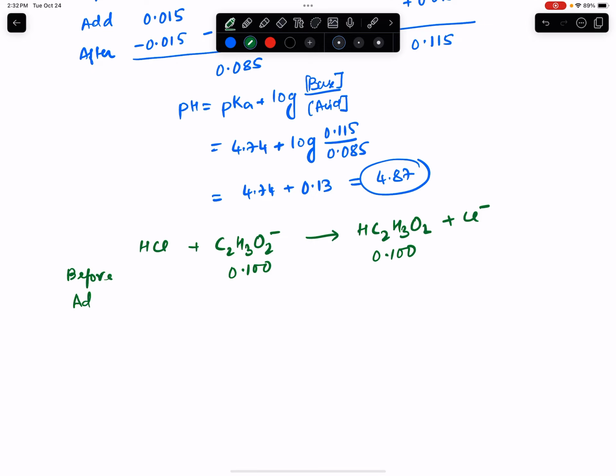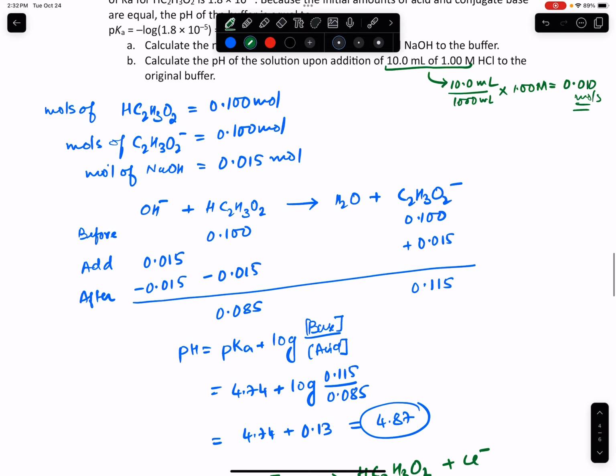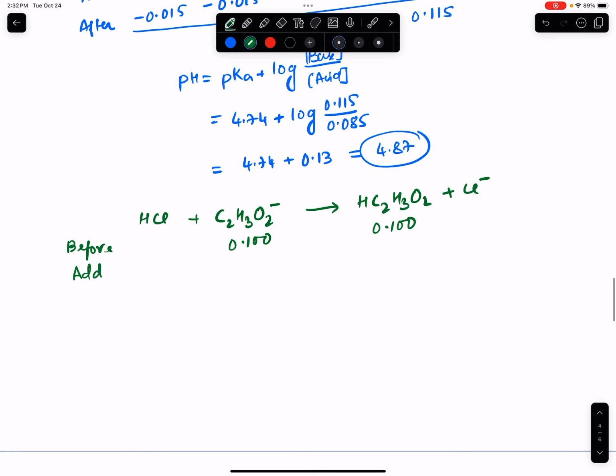Now we add 0.010 moles. That's the same amount of moles that reacts with the base, so we subtract that amount.